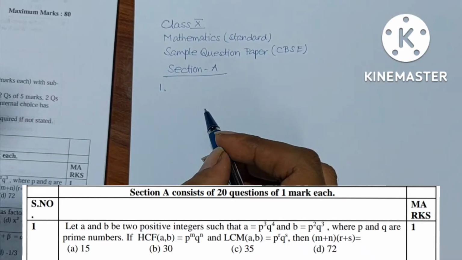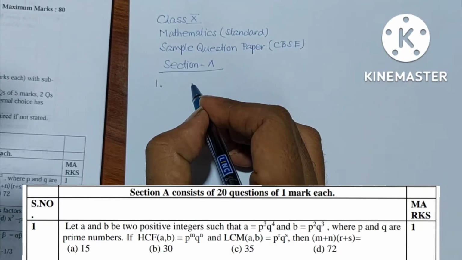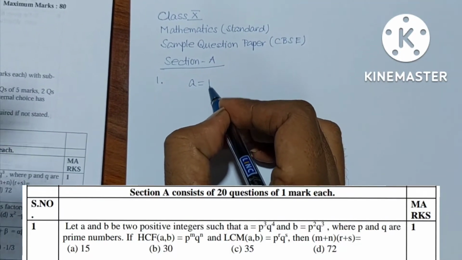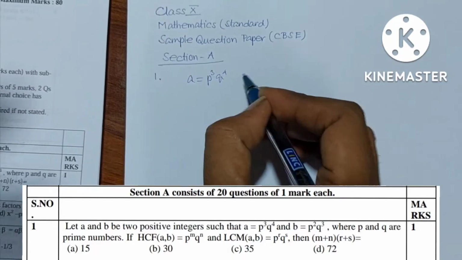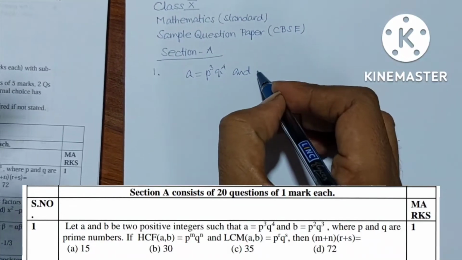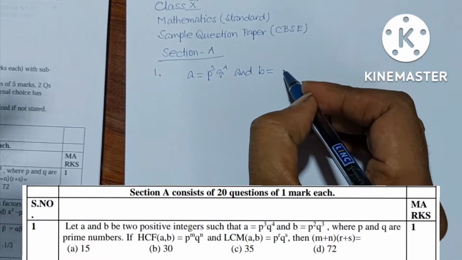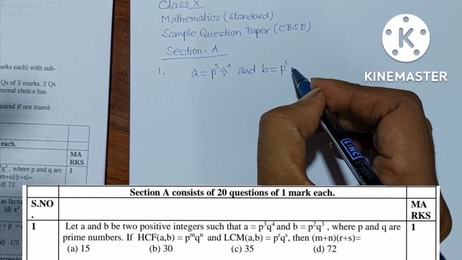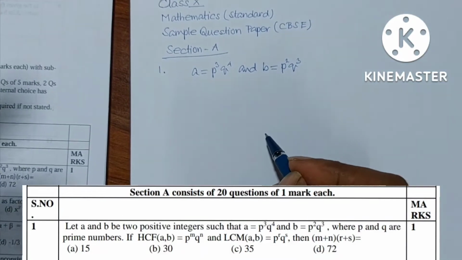If HCF of a, b is p to the power m q to the power n and LCM of a, b is p to the power r q to the power s, then you have to find (m plus n) into (r plus s) equals what? Here a equals p cube q to the power 4 and b equals p square q cube.